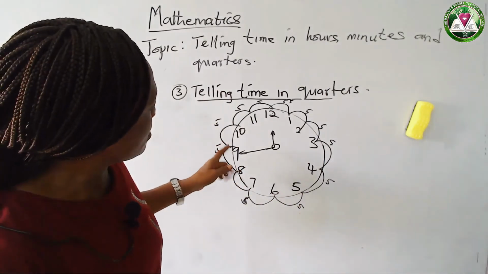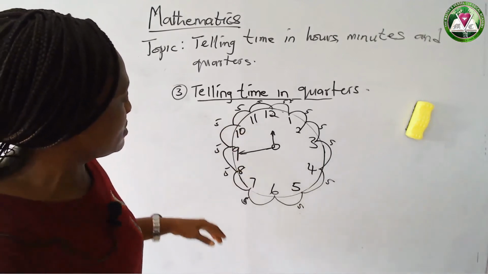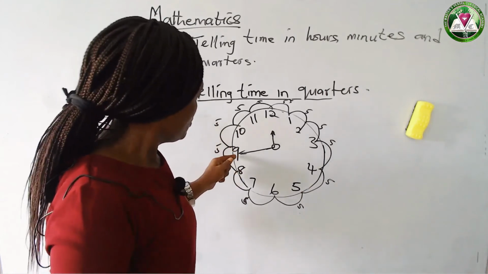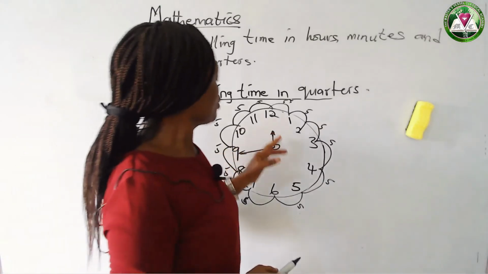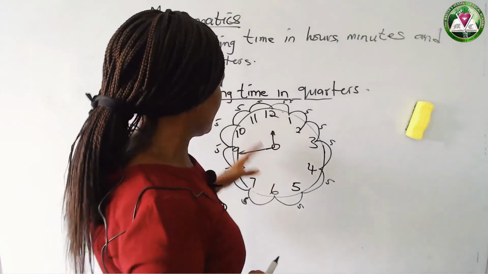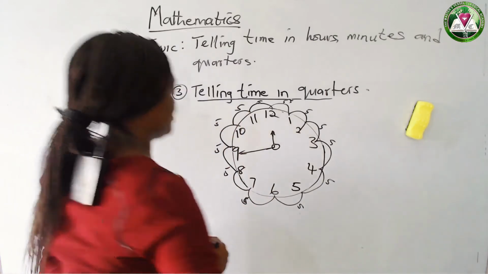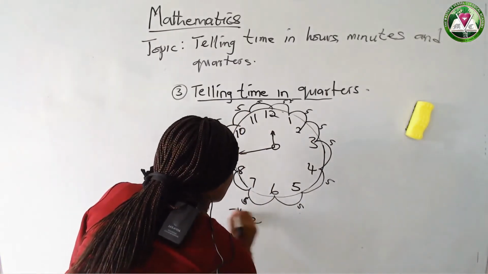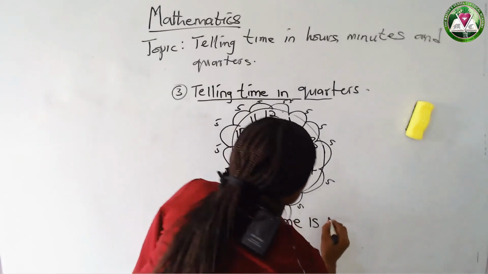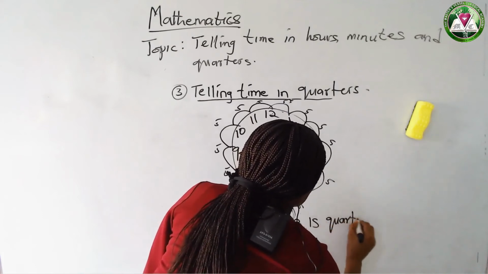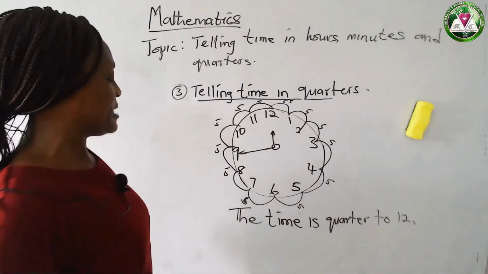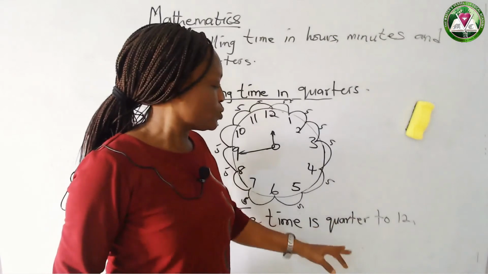So if you look at this clock now, telling time in quarters, when the long hand is pointing to 9 and the short one is pointing to 12, we say that the time is quarter to 12.